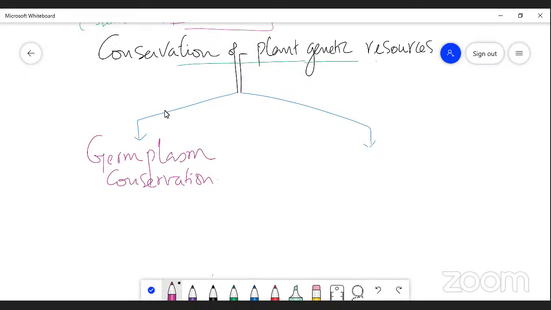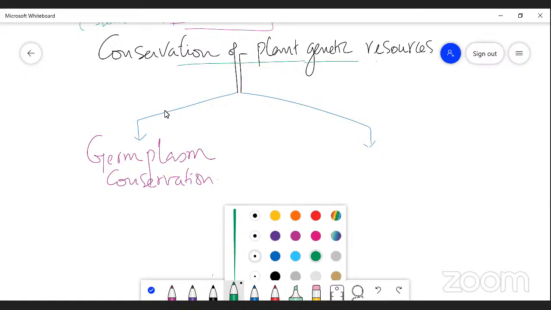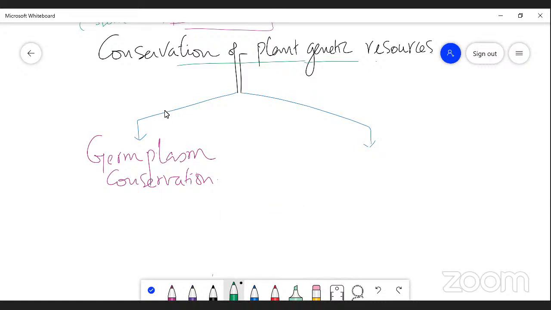And the second category is cryopreservation. What is germplasm conservation and what is cryopreservation or cryoconservation? Both have similar meaning: preservation and conservation, storage or protection or saving. So all have similar meaning, right?